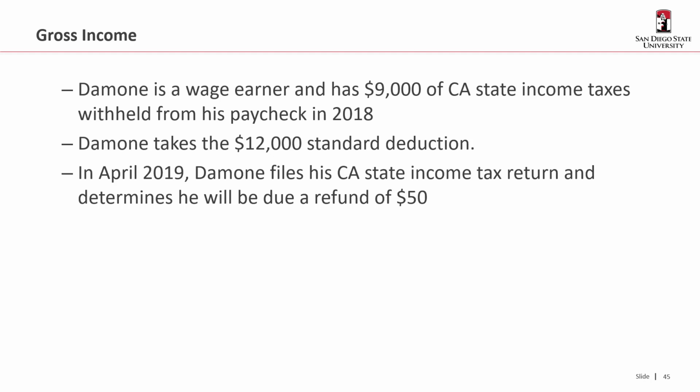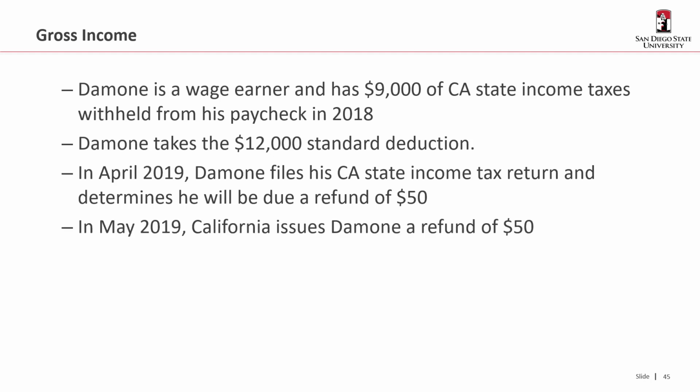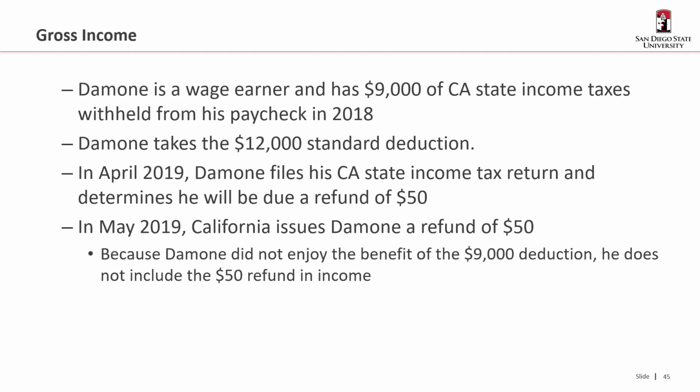So what do we do with the $50 in this case? So it's going to issue him a refund of $50. But note, Damone did not benefit from deducting the $9,000, because instead he took the $12,000 standard deduction. As a result, he did not over-deduct last year. The end result is he doesn't have to include that $50 refund in income this year.